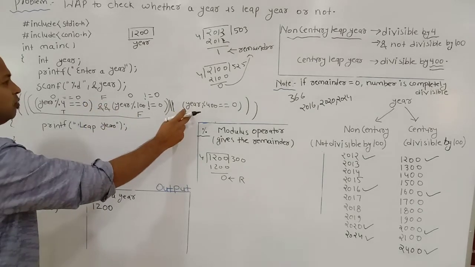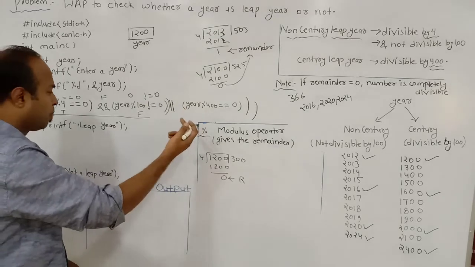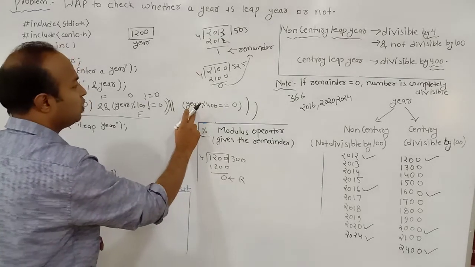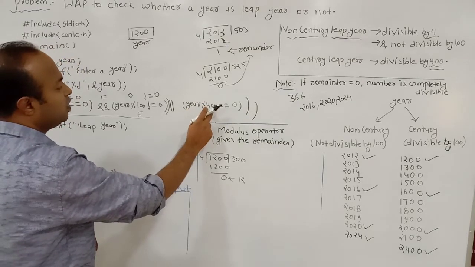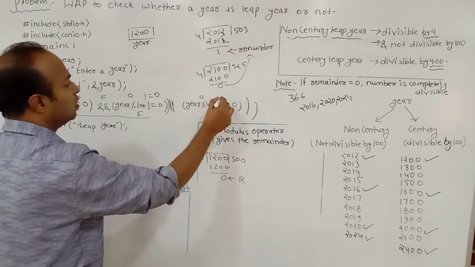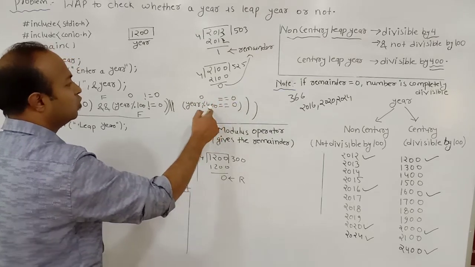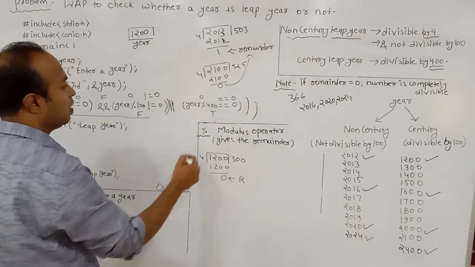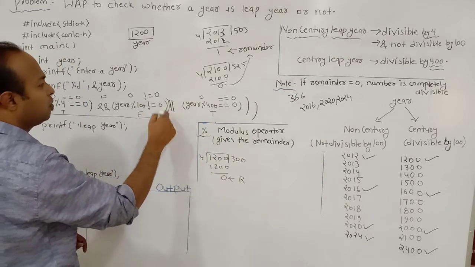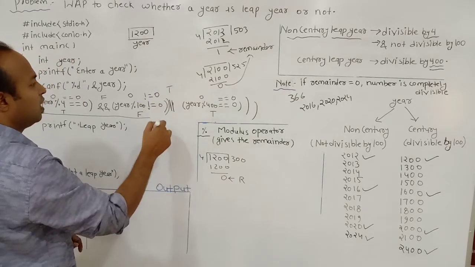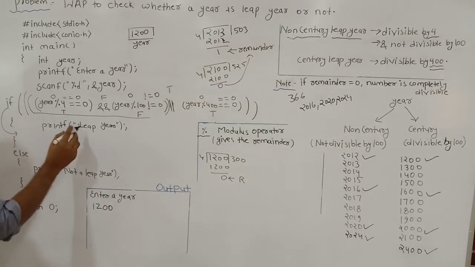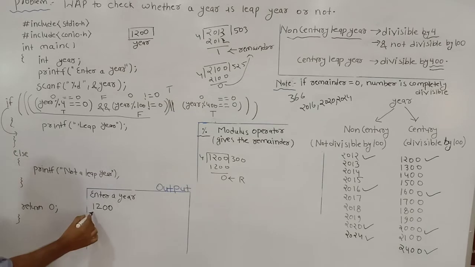Now this condition is false, so for the whole condition to become true, the other part must be true. Here the value of year is 1200 and we divide by 400. We get the remainder 0, and 0 equals 0, so this condition is true. In between both conditions we have placed the OR operator, so the OR operator will return true. If the condition is true, we move inside the if block and print leap year.